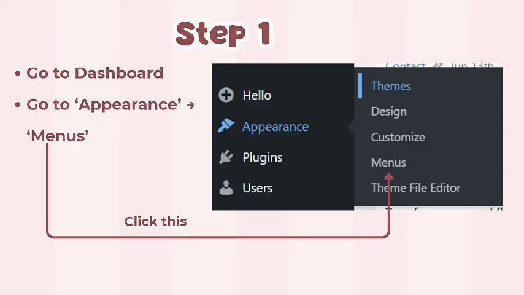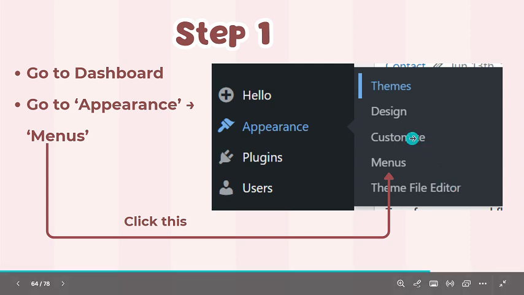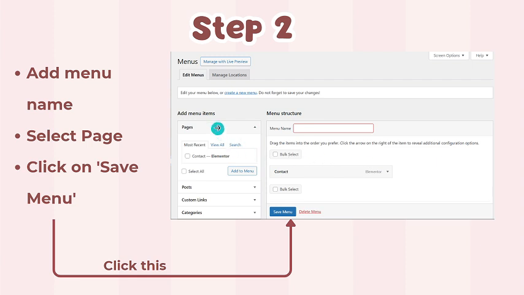You have to go to dashboard, you go to appearance, then you see menus. You click on menus, then you add a menu name, you select the page that you want on this place that has pages. Then when you're done selecting the particular page you want to add, you click on save menu.